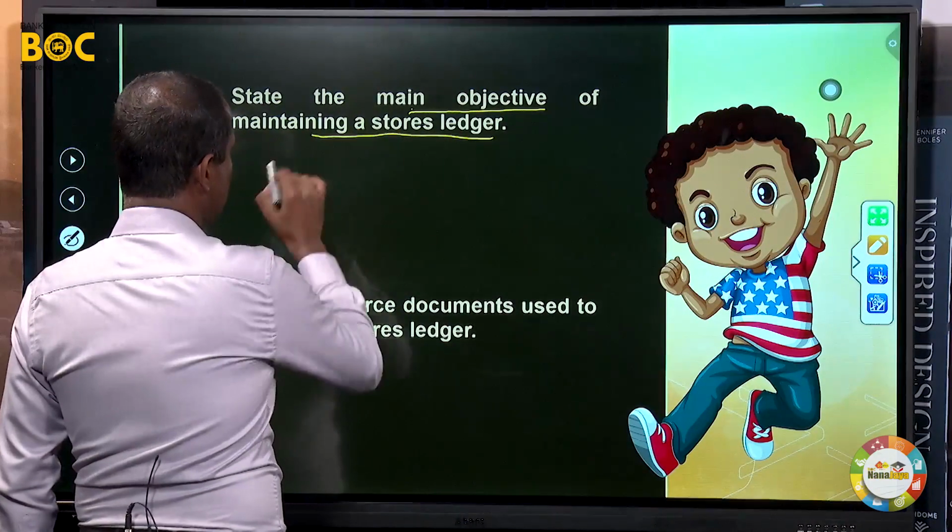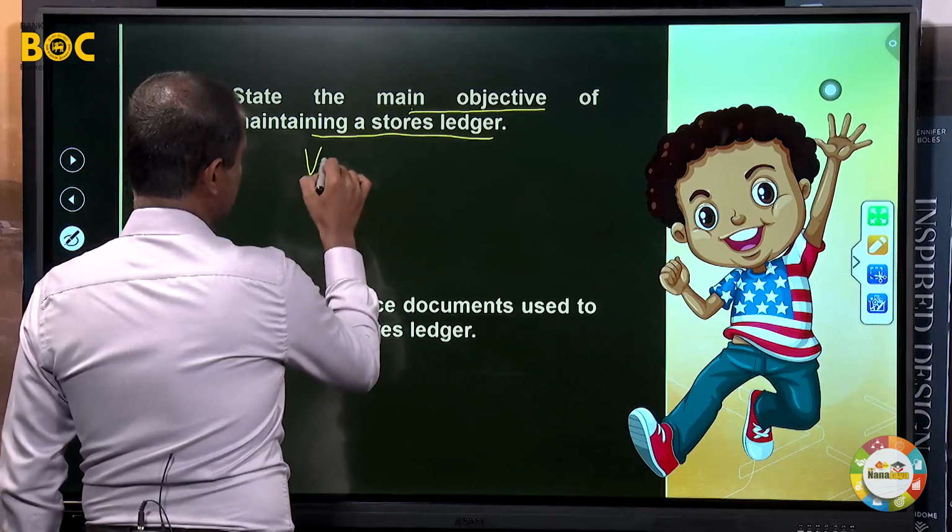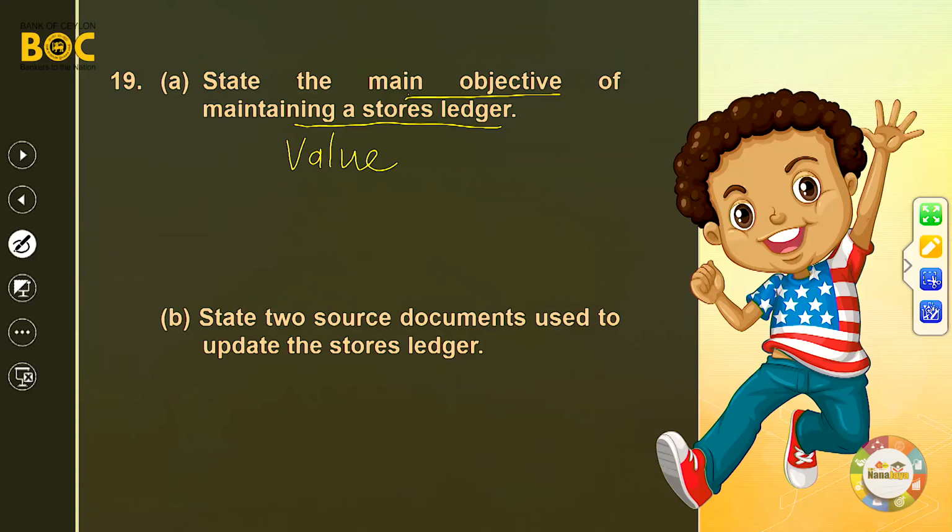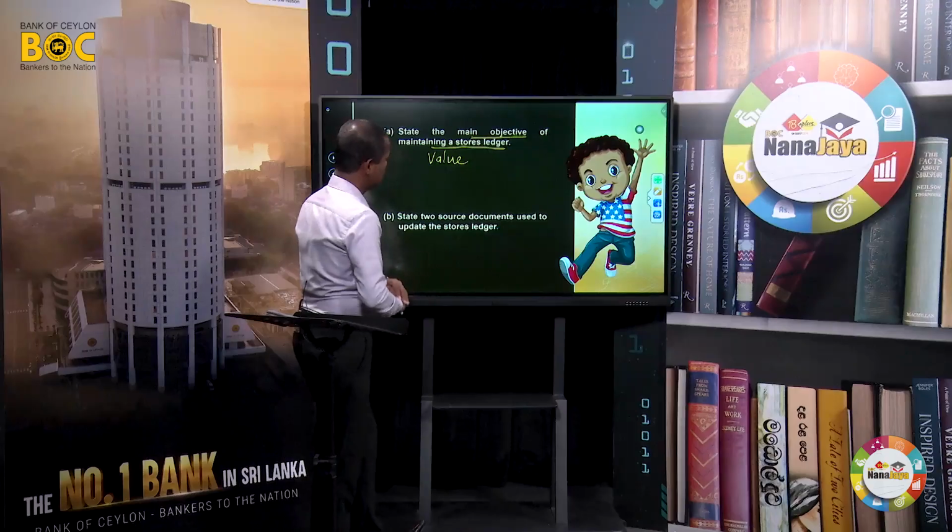Quantity multiplied by unit price gives the stock value. The main purpose is to identify the stock value.